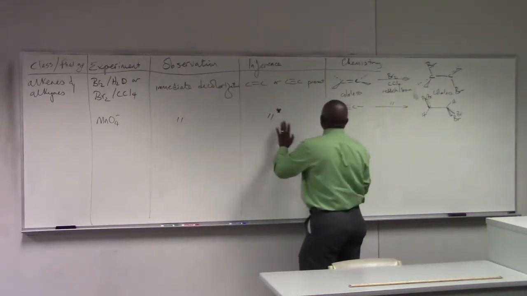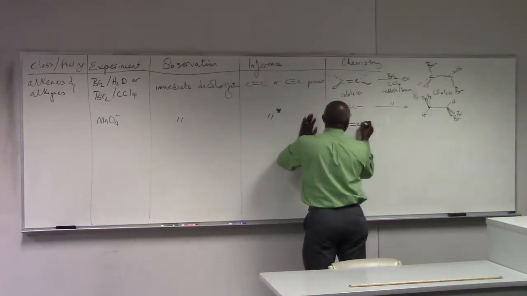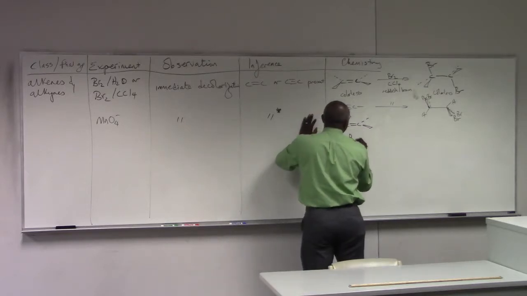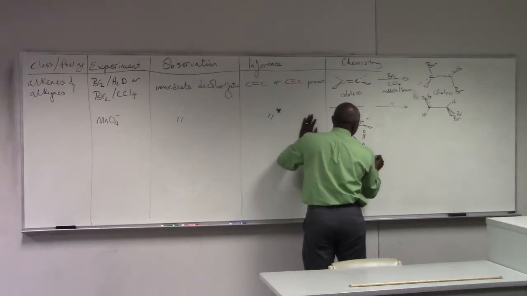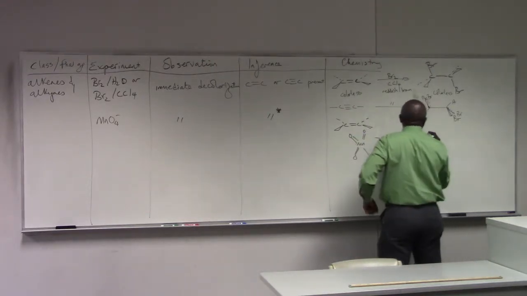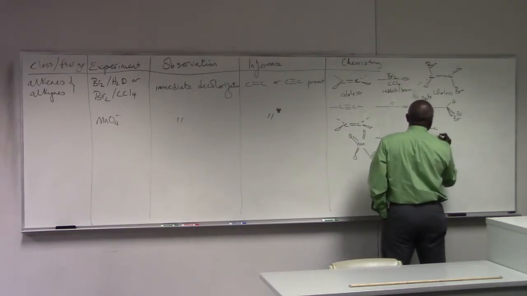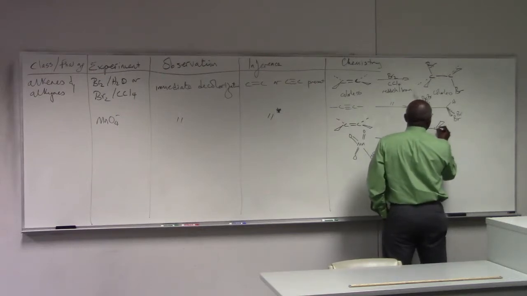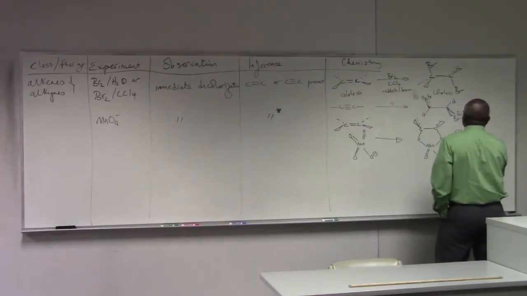Because this reaction goes in the following way. The alkene, and you guys remember this from your organic one, reacts with permanganate. Permanganate is purple. What this makes is the manganate ester, at least initially, and that breaks up eventually in the presence of base.